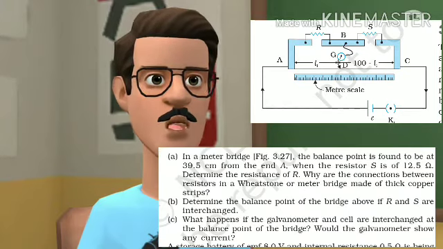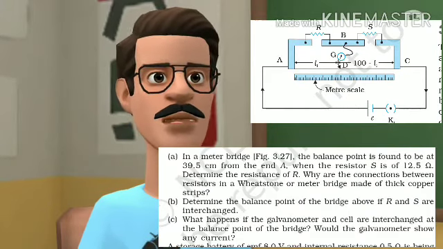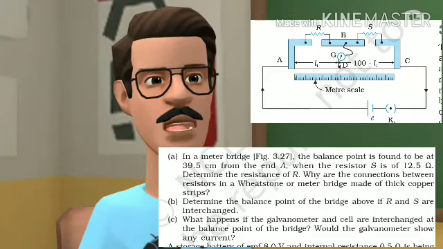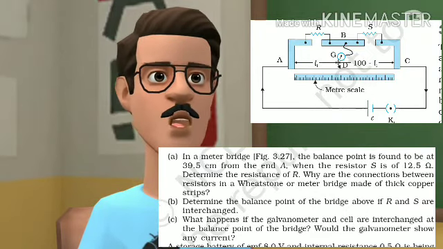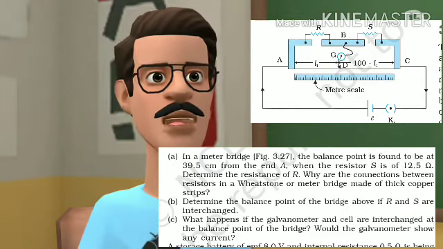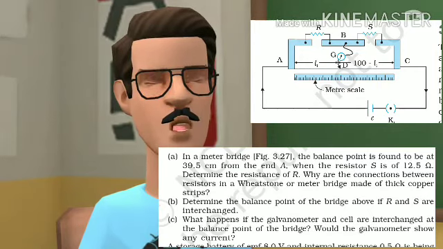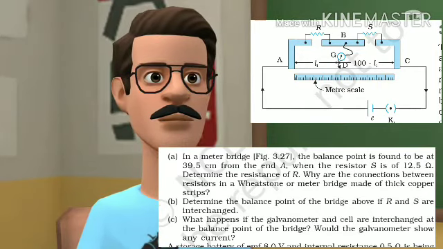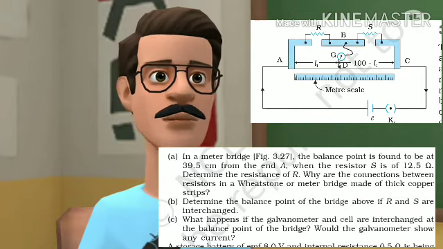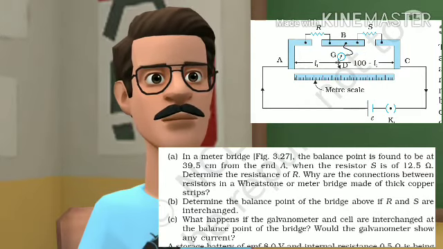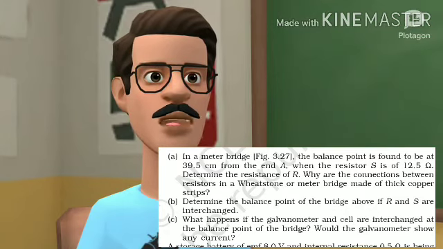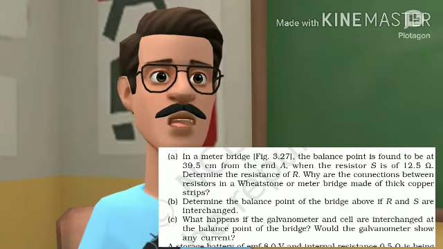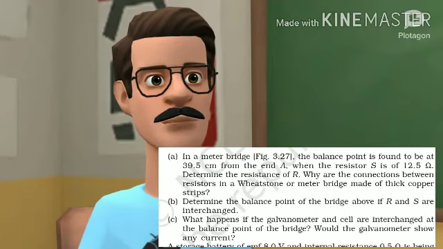Next question is from the topic meter bridge or Wheatstone bridge. It has three parts. In a meter bridge, the balance point is found to be 39.5 centimeter from the end A. You can see from the picture. When the resistor Y is of 12.5 ohm, determine the resistance of X. Why are the connections between resistors in a Wheatstone bridge or meter bridge made of thick copper wires?